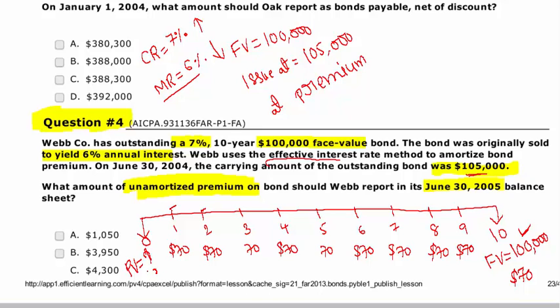Let me check the question once again. Here you see that on 30th June 2004, the carrying value of the outstanding bonds, this is the carrying value at this time. For example, you assume this as a present value at year 0. So that is 105,000 at this point of time.